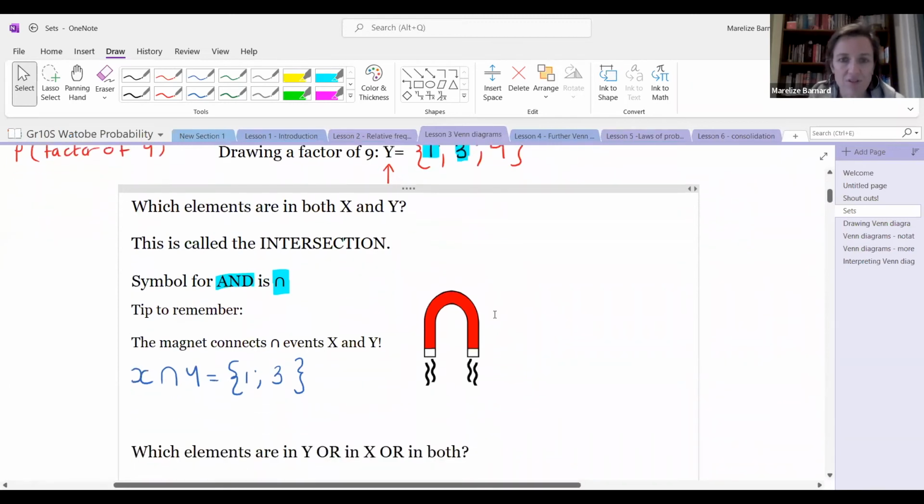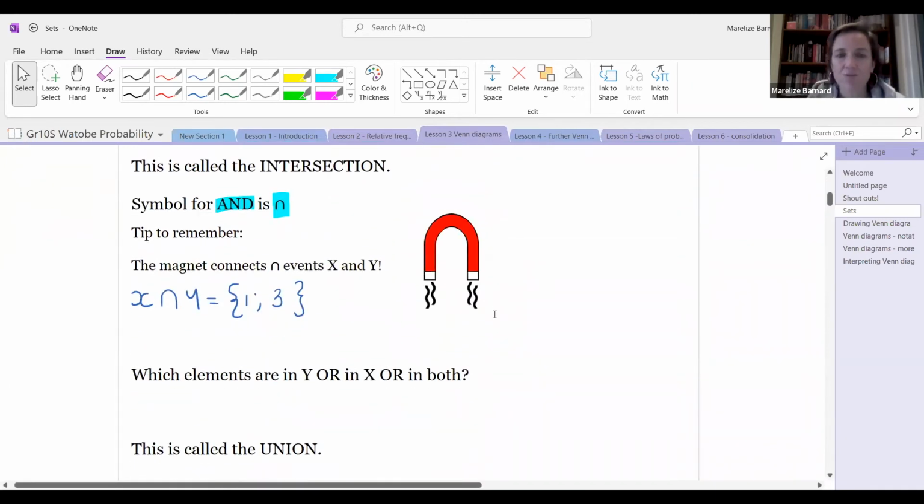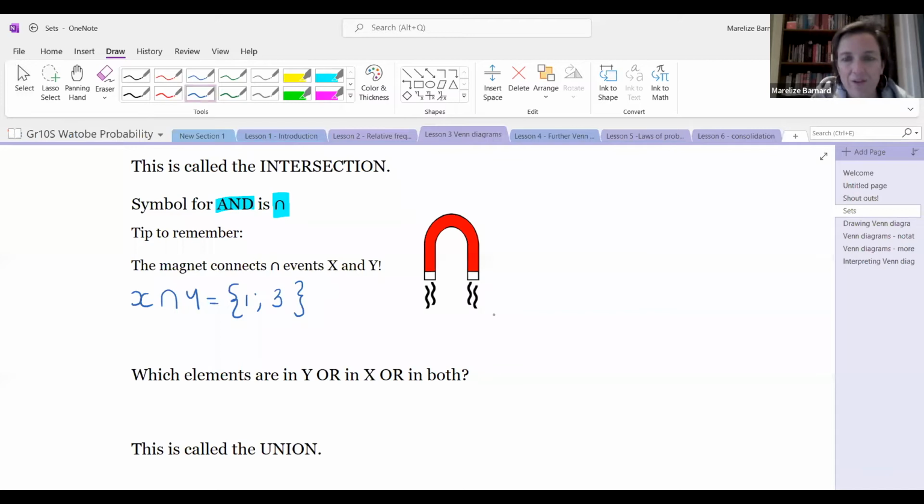Who's got the answer for that? Who has read that correctly? Pop your answer in the chat if you know. Now think about it. It can't be the same answer as what we just did, okay? The answer needs to change based on what we are looking at now. We're looking at which elements are in Y or in X or in both.